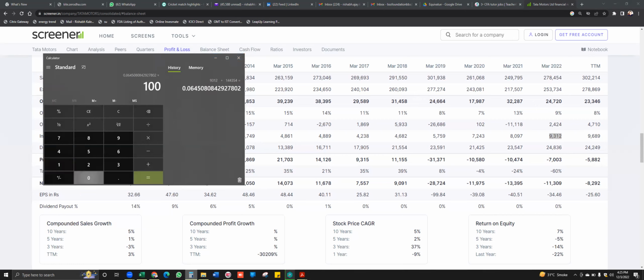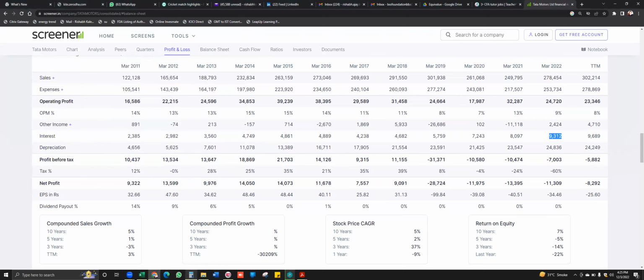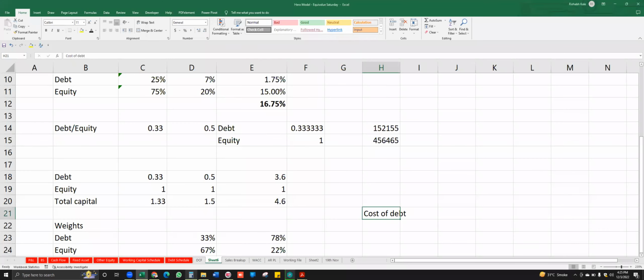Multiply by 100. 6.45%. Right? 6.45% is your cost of debt. Am I right?